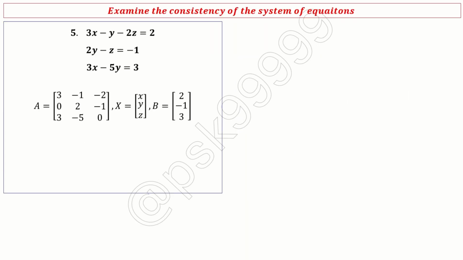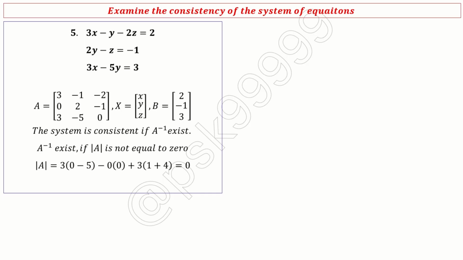Another 3 by 3 matrix. Make the matrix A with all coefficients of x, y, z. Wherever x is not mentioned, that means coefficient is 0, right? So now determinant of A, which is 0 here, which means we need to check adjoint of A into B, or you substitute 0 0 0 and see. If I substitute 0 0 0, this should be 0, but this is 2, so it is definitely not consistent for sure.